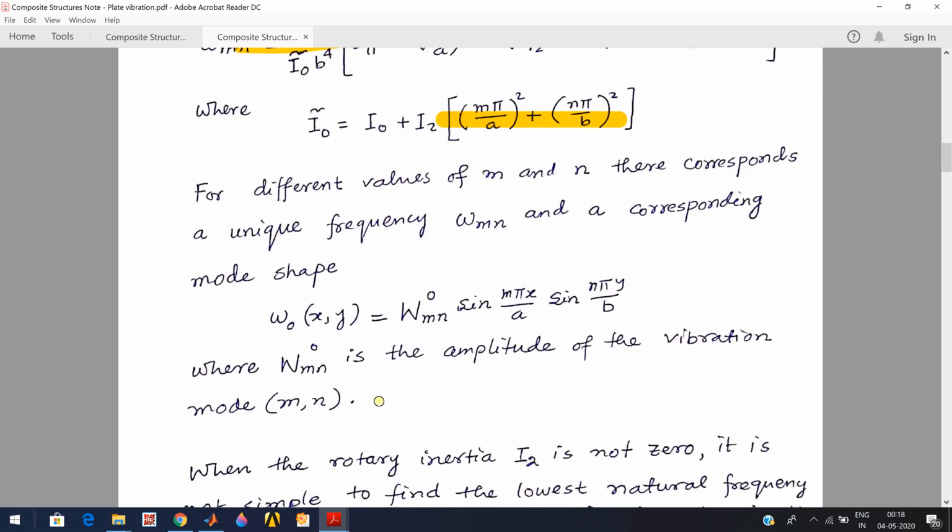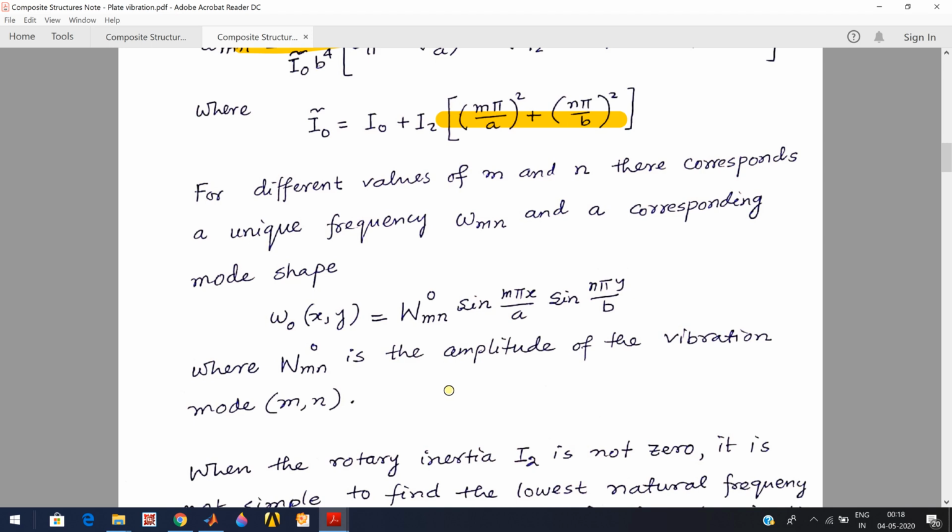So m and n equal to 1 means we have one sine wave in the x direction and another sine wave in the y direction, and that will be called omega 11.